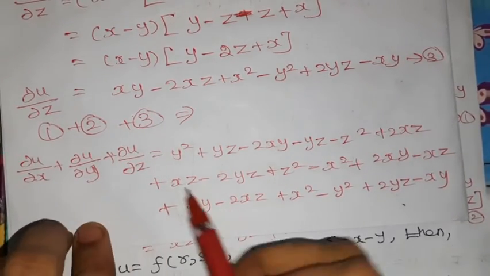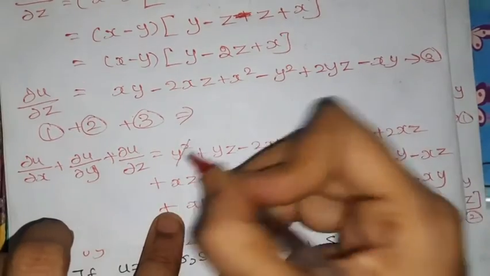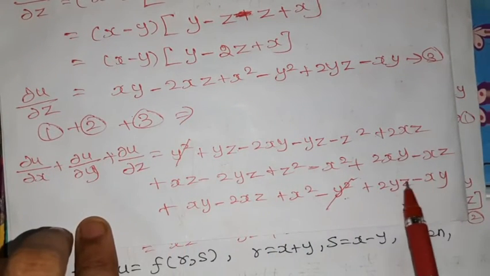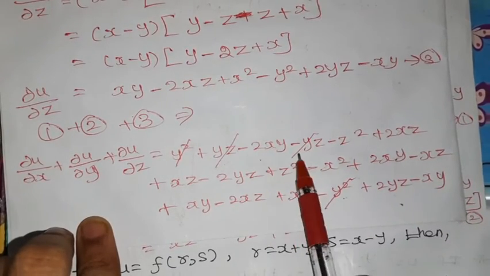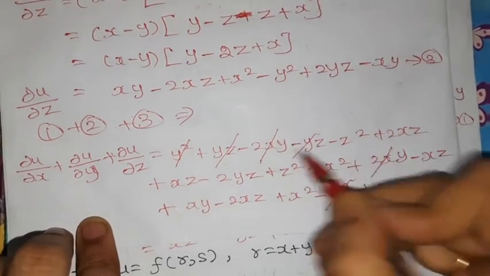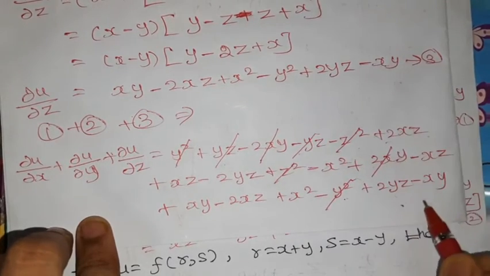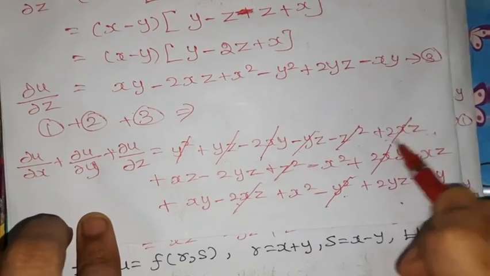So see, y square plus y square, here minus y square, so cancel these. Then yz minus yz plus yz minus yz, minus 2xy plus 2xy, minus z square plus z square, plus 2xz plus 2xz minus 2xz.